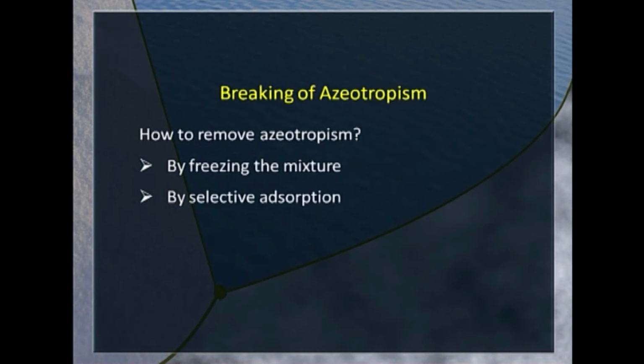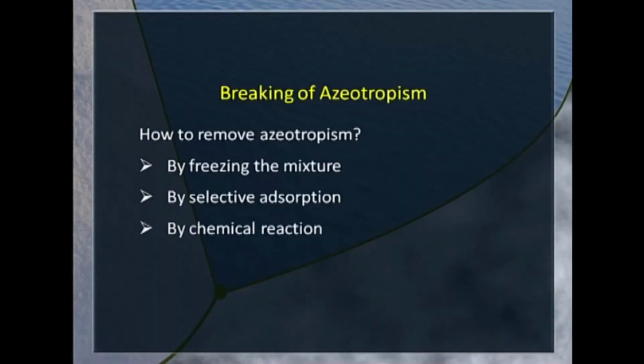We can resort to selective adsorption, put a good adsorbent which selectively takes away by adsorption one of the components. Especially we try for minor component that is present in the mixture, or by chemical reaction, add some reagent which can react with it so that it can be eliminated, or we resort to extraction of the minor component if you have a suitable solvent extraction procedure.